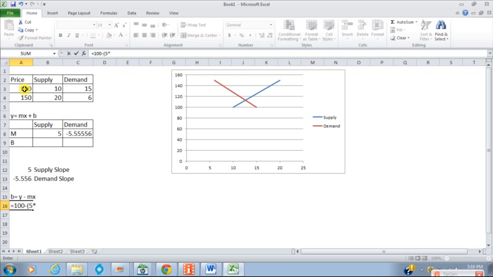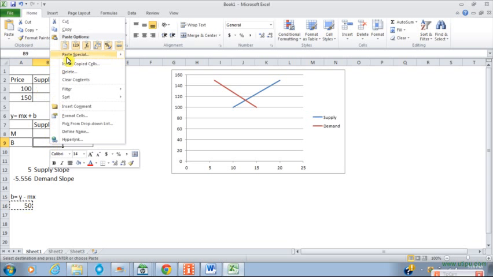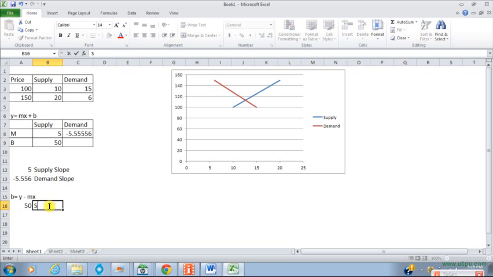So the x corresponding point to 100 price is 10, and we get an intercept of 50. That is our supply intercept. Graphically, what that is telling us is if we were to follow the supply line on out here, it would cross at 50, so right about there.